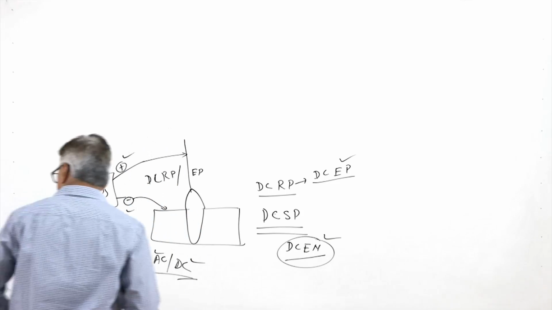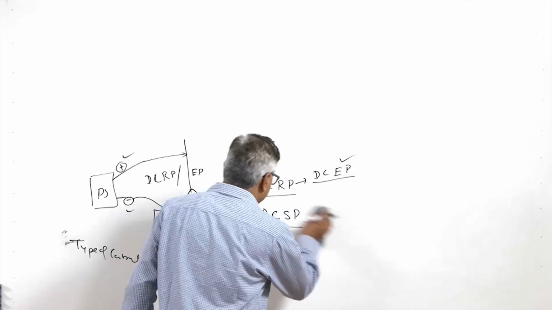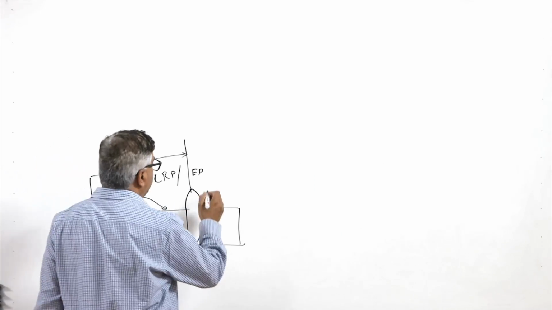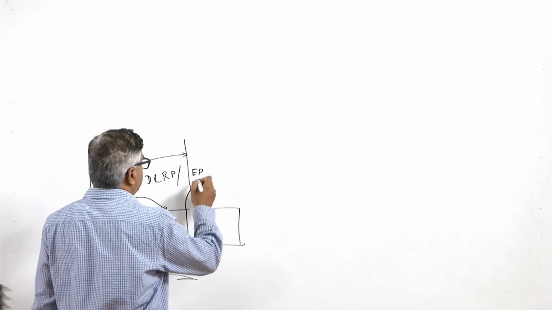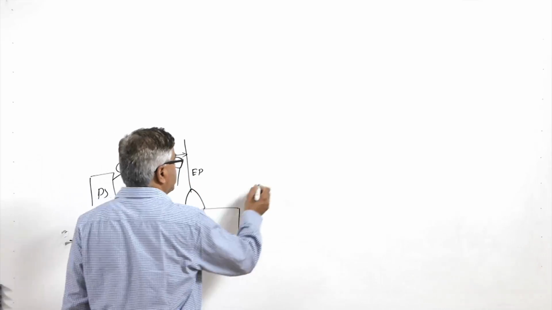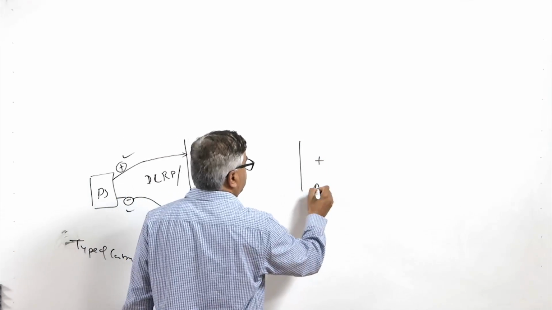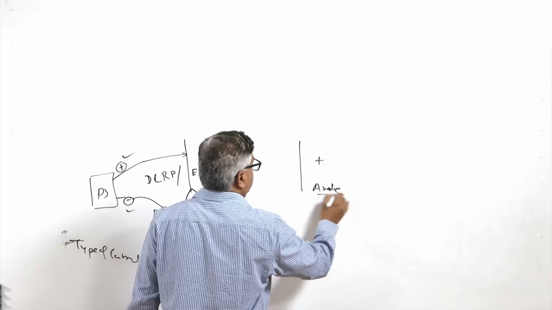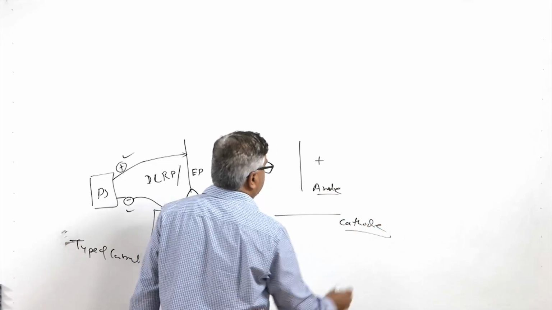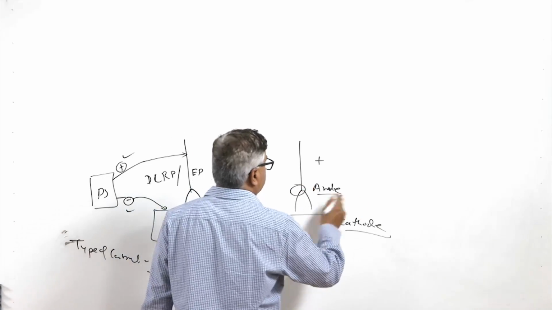So, what is the importance of DC EN or DC EP? We know that in a welding arc, more heat is generated on the positive side and less heat on the negative side. The electrode, if connected to the positive, is termed the anode, and the workpiece is termed the cathode.